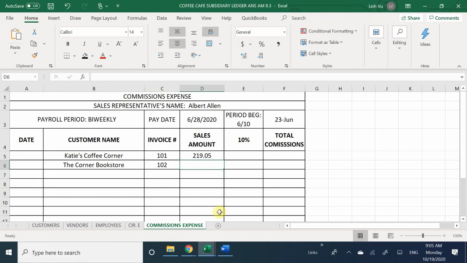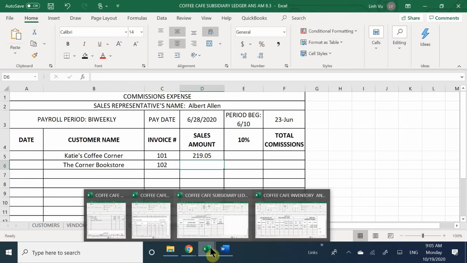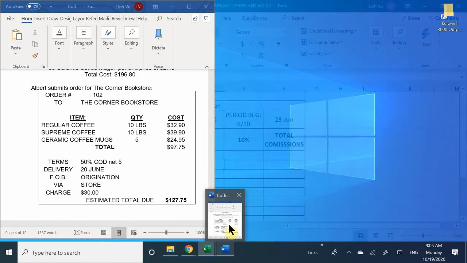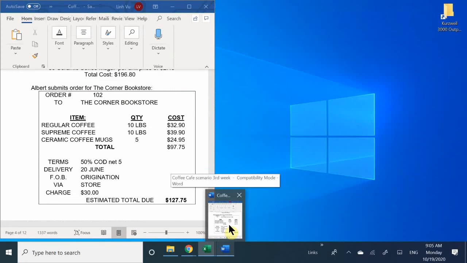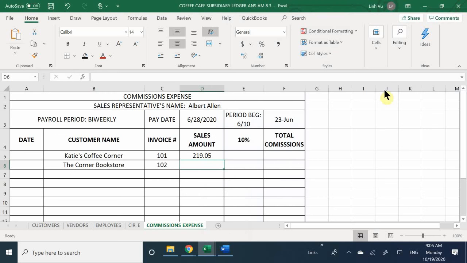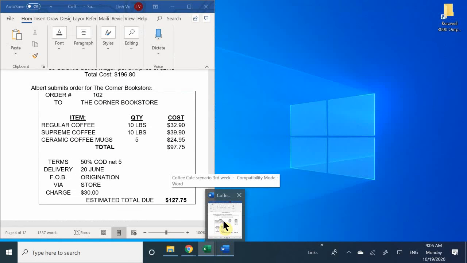And what was the amount that the purchase order was for? Estimated cost 127.75. Because we haven't done the delivery yet, there's no need to calculate his 10% commission. Okay.